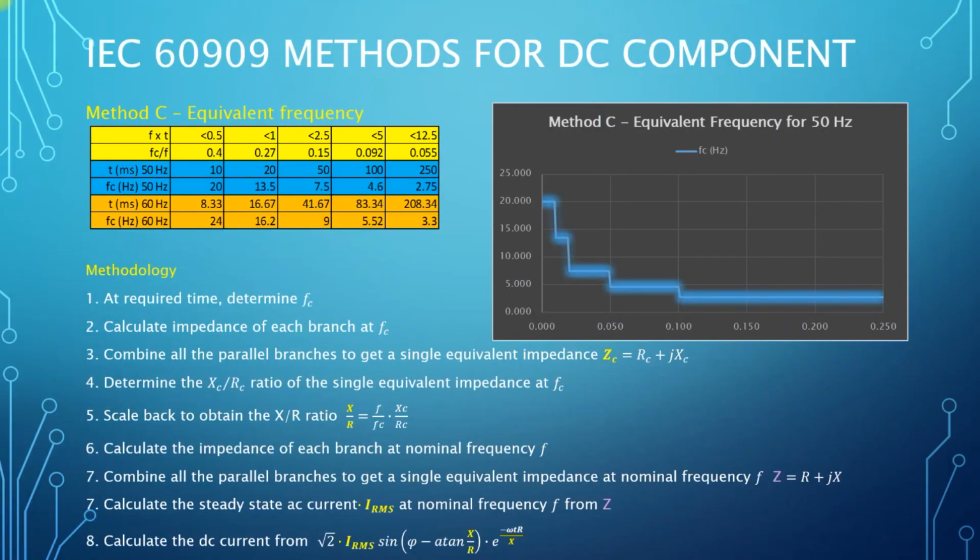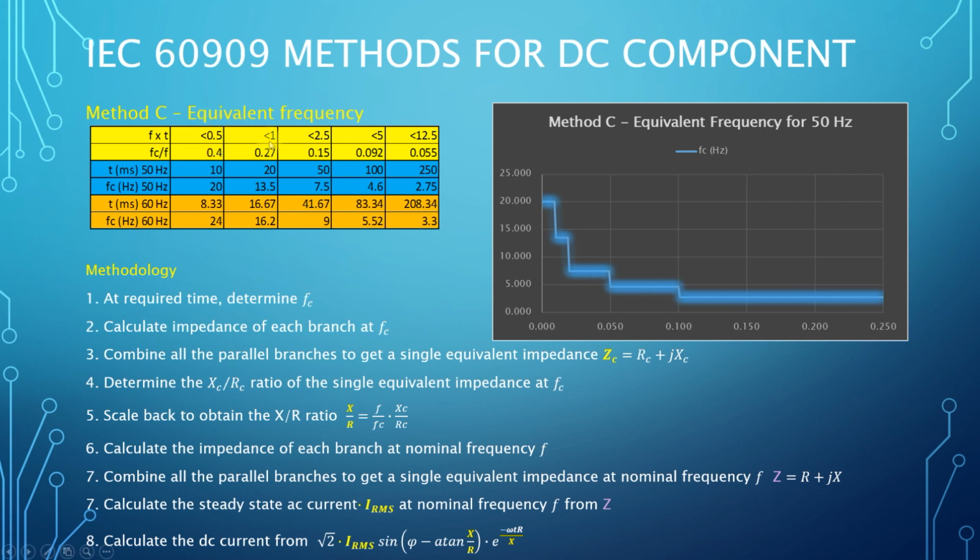So let's look at this a little bit more closely. The standard tells us that we take the frequency times time, and if frequency times time is less than 0.5, then the ratio of Fc to the nominal frequency of the system is 0.4.